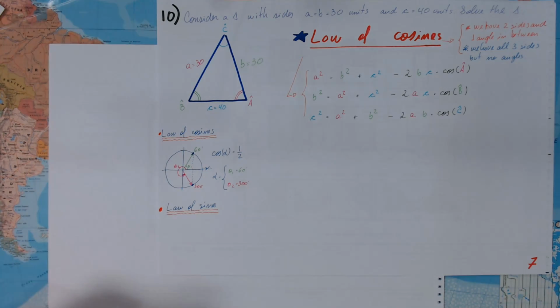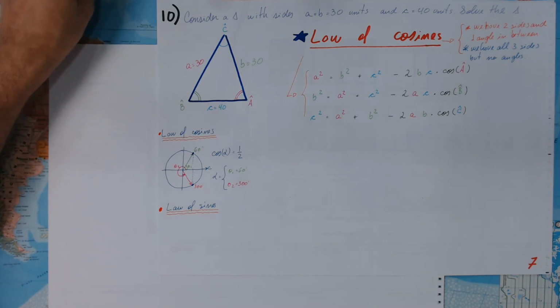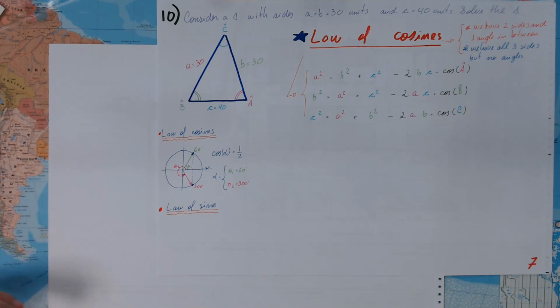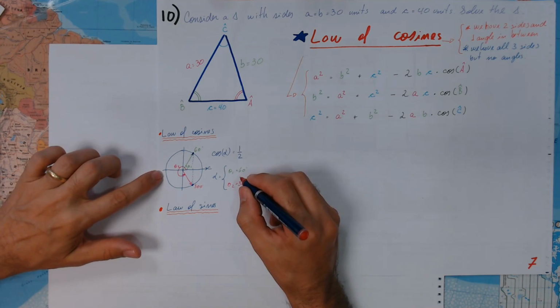Now we are using the law of cosines to calculate the internal angles of a triangle, and we know that we cannot have anything greater than 180 degrees.